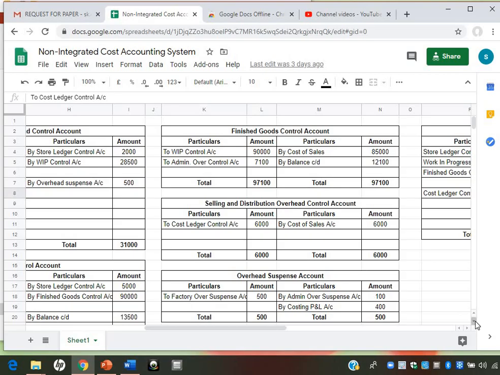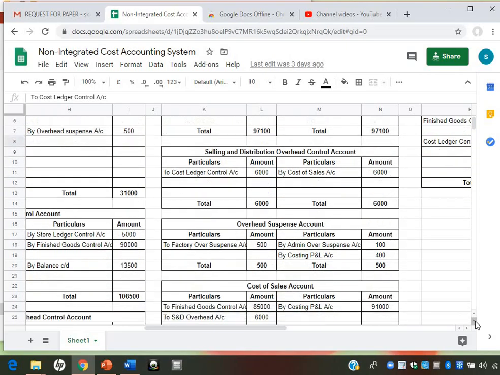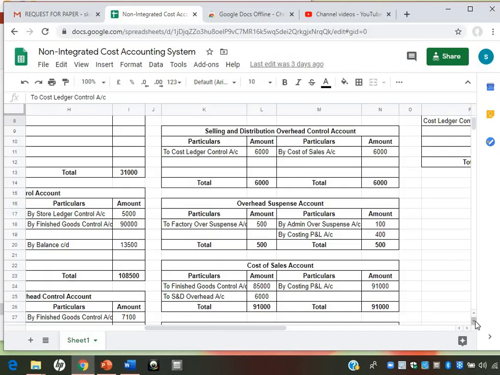Then coming to overhead suspense account, we have seen in one case it is under absorbed, in another case it is over absorbed. So in the case of factory overheads, by 500 it was over absorbed, and in the case of administrative overhead it was under absorbed, and the difference of rupees 400 will be transferred to costing P&L account.